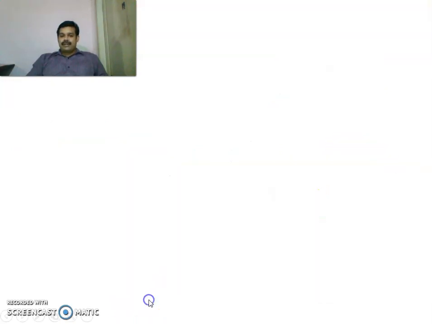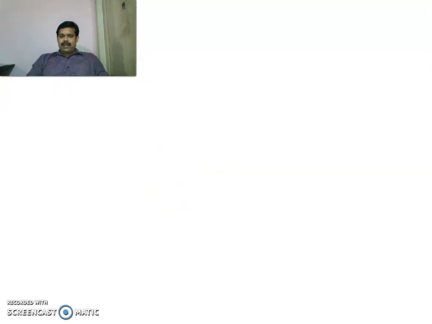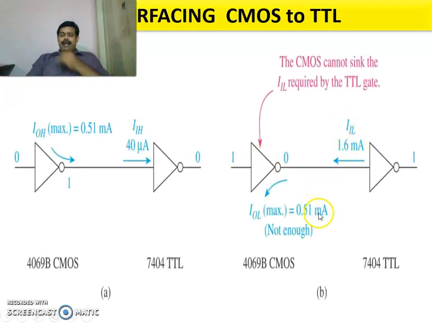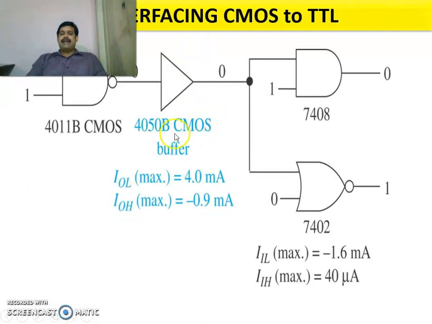So we are going for a level translator. In such cases, the level translator will meet the requirement for driving this TTL. It will shift the IOL max to 4 milliamps. Actually you have only 0.51 milliamps, and now it is changing to 4 milliamps when you add a level translator.